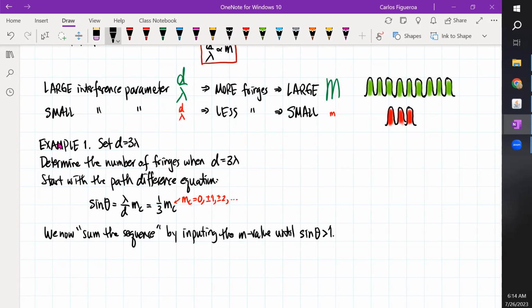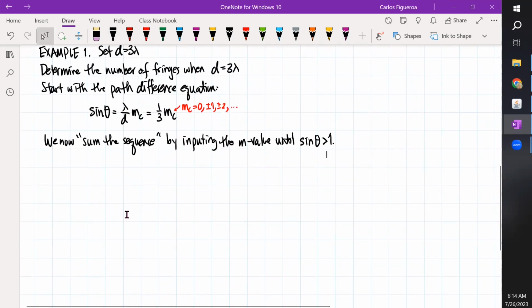Once that's the case, then this tells us what the maximum value of m is. So let's go do that. So now, here we go. So now I'm going to sum the sequence.